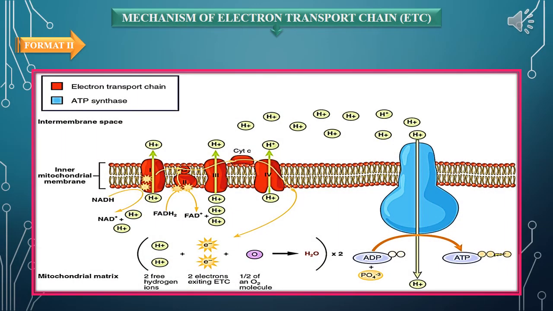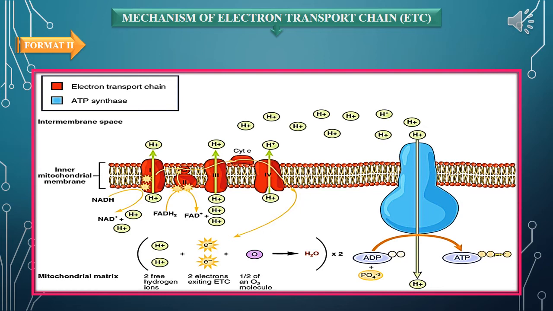Here is format 2 for the mechanism of electron transport chain, and this electron transport chain is located in the inner membrane of mitochondria, between the intermembrane space and the mitochondrial matrix. It has 4 complexes to carry electrons, and the ATP synthase enzyme.